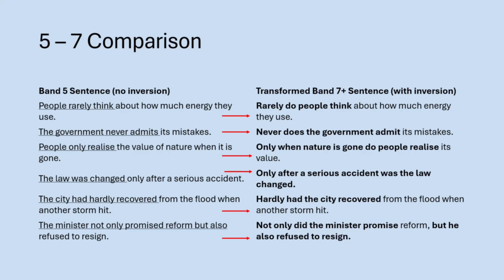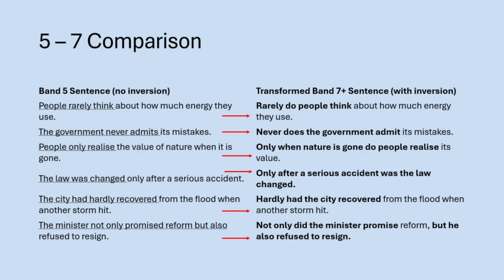The law was changed only after a serious accident. Only after a serious accident was the law changed. The city had hardly recovered from the flood when another storm hit. Hardly had the city recovered from the flood when another storm hit. The minister not only promised reform but also refused to resign.